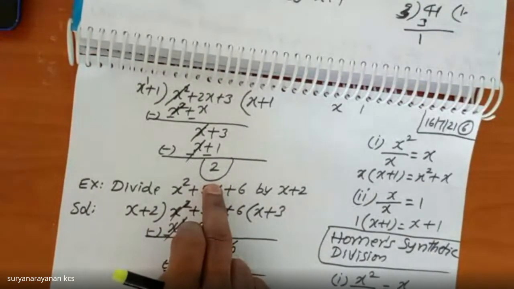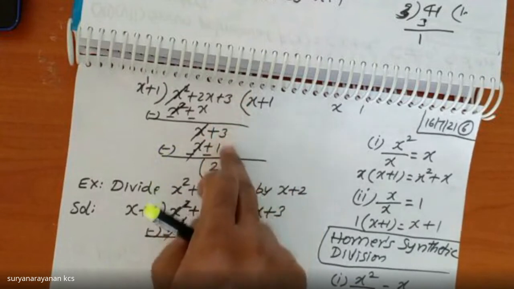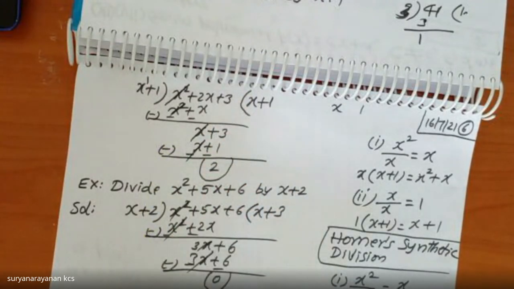By using the remainder theorem, you can find the remainder easily without all these lengthy steps, this long division.